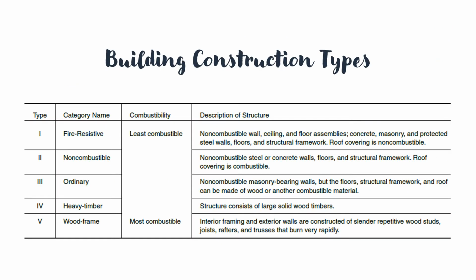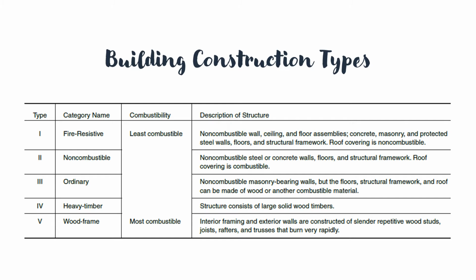We have several types of building construction according to their resistance in fire. So type 1 is fire resistive, which is the least combustible, and it is characterized by non-combustible walls, ceilings and floor assemblies, concrete, masonry, and protected steel walls, floor, and structural framework.